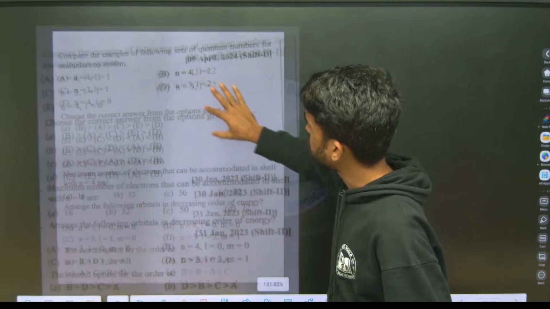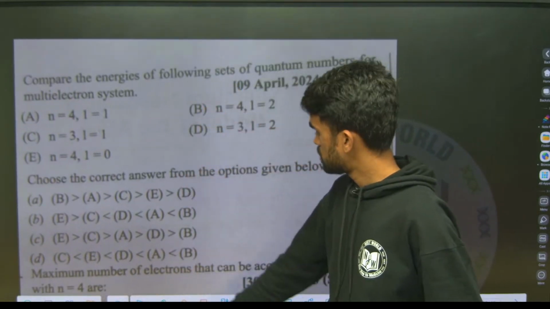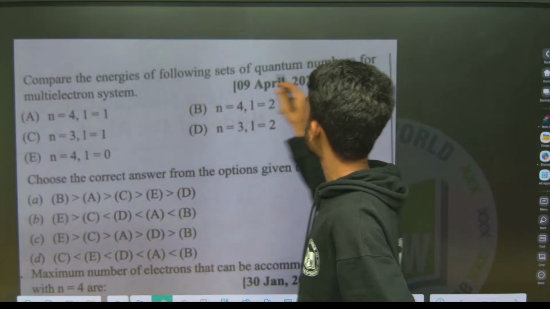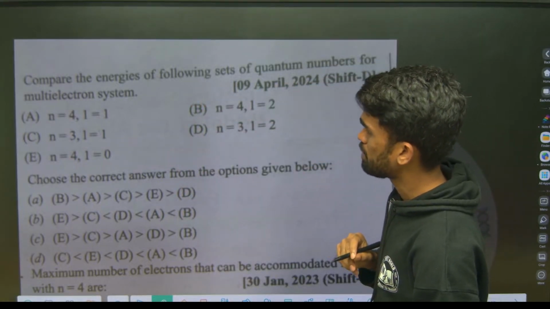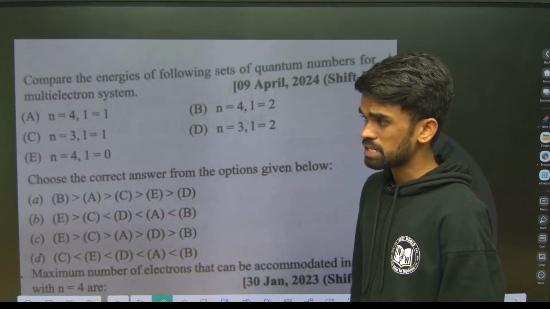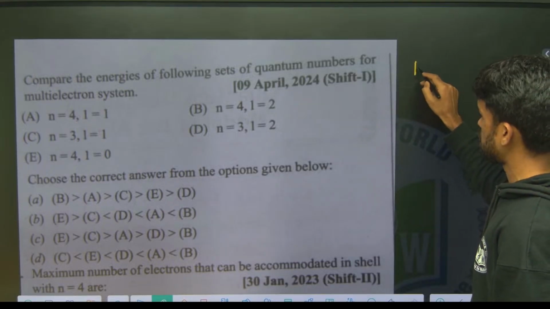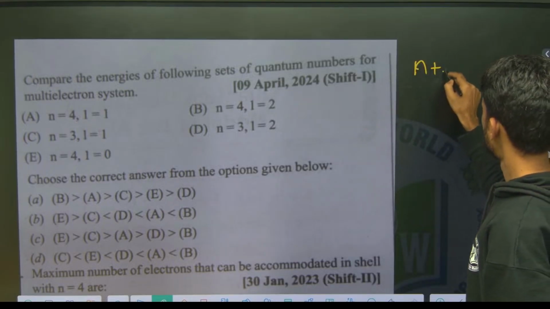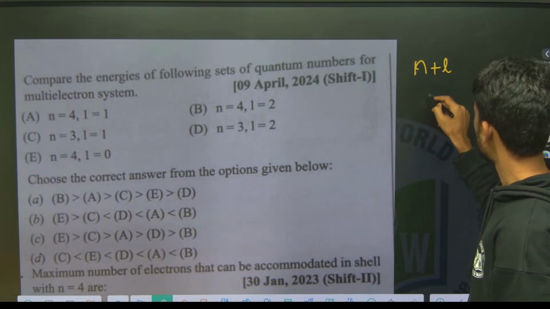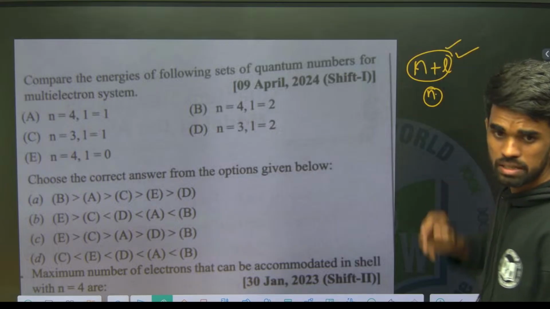Next, answer these questions fast. If you answer, then we will move forward with the other topics from the chapter. Compare the energies of the following sets of quantum numbers for a multi-electron system. What I told you in the last class: for a multi-electron system, energy depends on n plus l, and the next one is n. First look at the n plus l value. If that is equal, look at the n value.